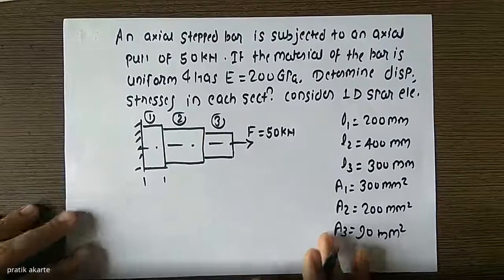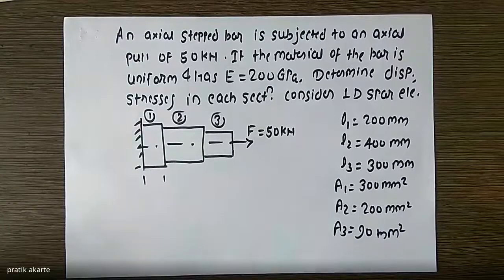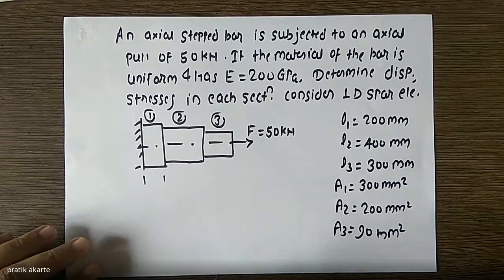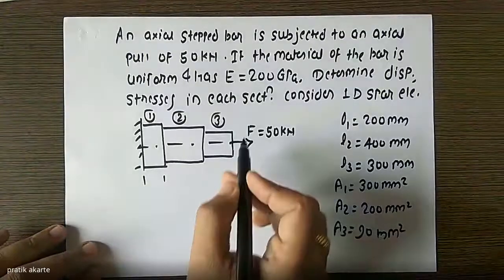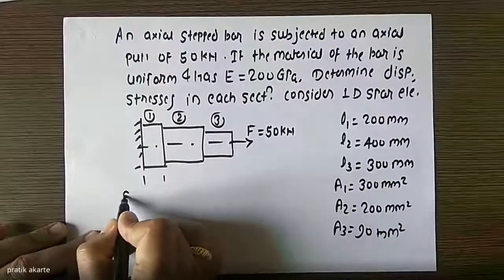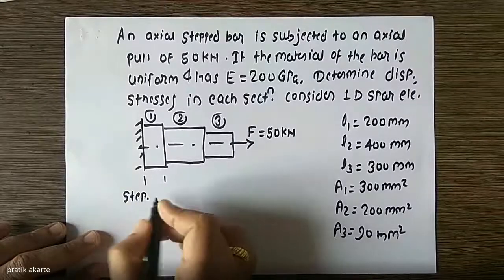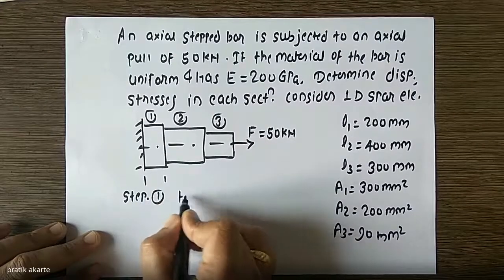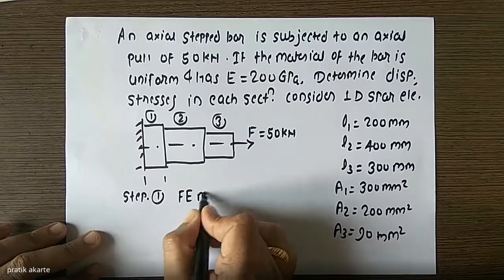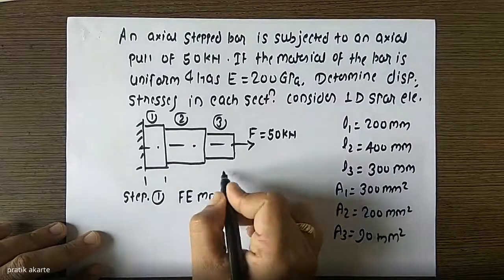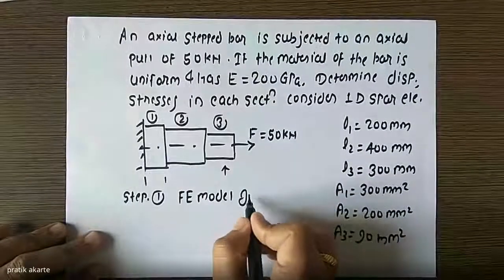So this is how your problem is formulated, and in real life also you will encounter such simple problems. So we need to make a finite element model of the object shown here. So step number one, we need to make a finite element model for this given object.